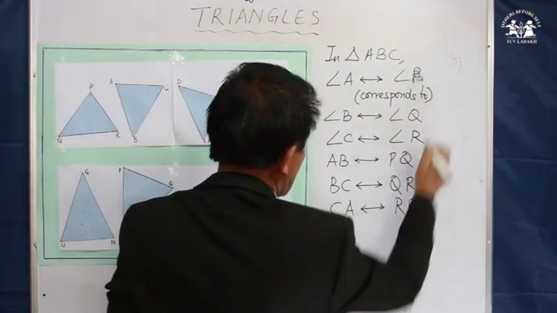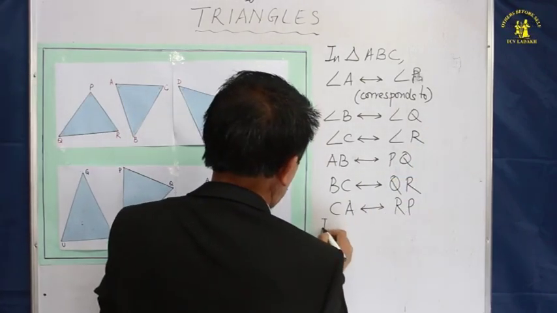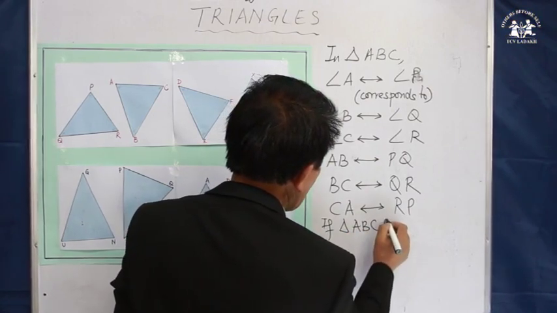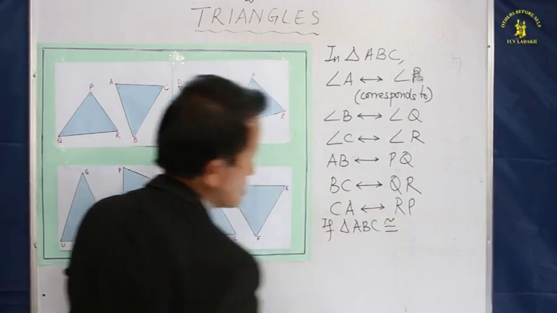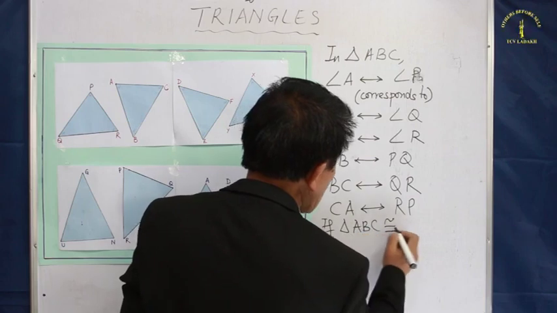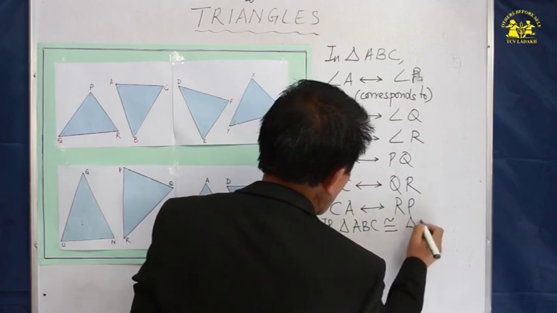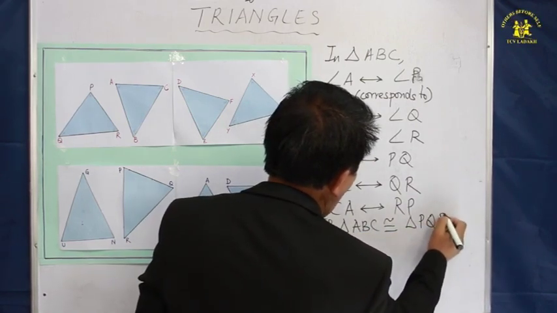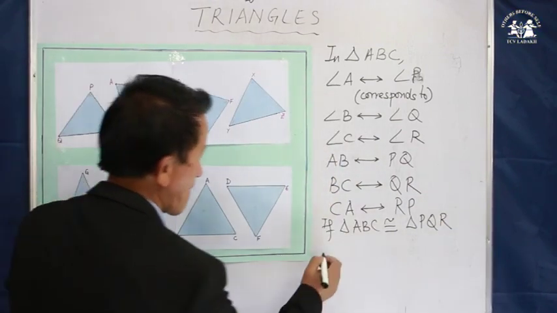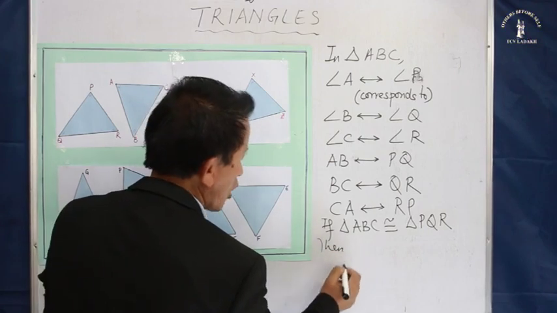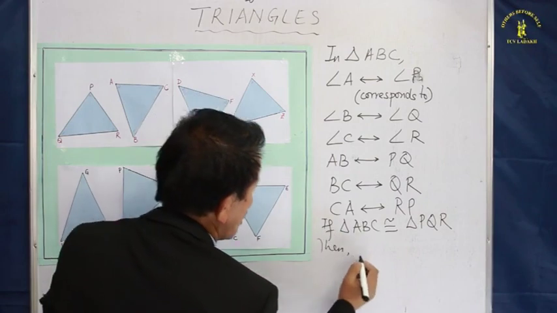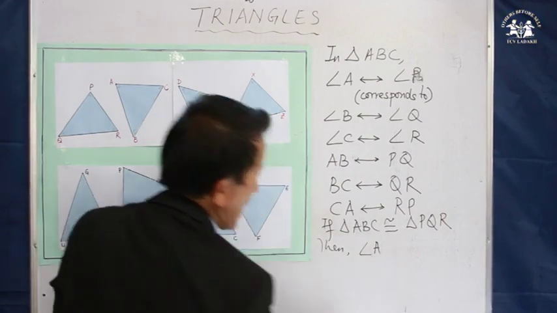So what happens if triangle ABC is congruent? Now this is a sign of congruent. If triangle ABC is congruent to triangle PQR, then corresponding sides are equal, and corresponding angles are equal.